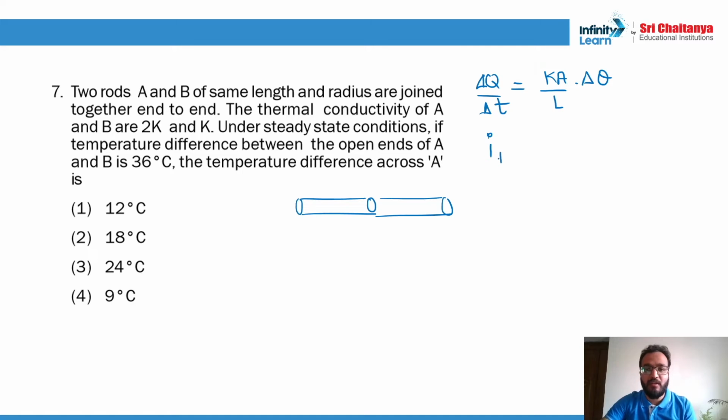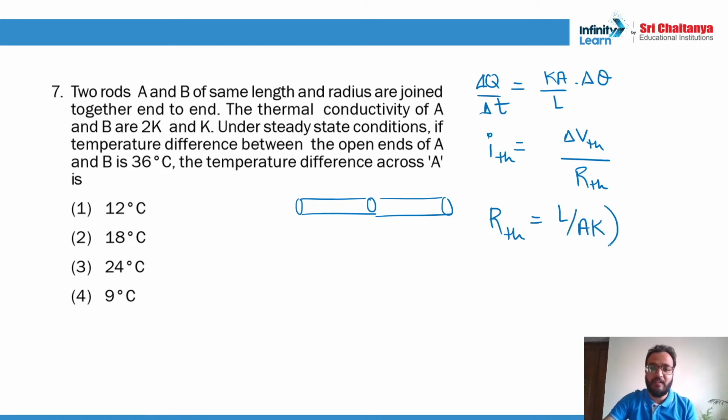So you say this is your thermal current, this is your thermal potential difference, and this is your thermal resistance. So technically your thermal resistance is L by A K. Got it? Right?